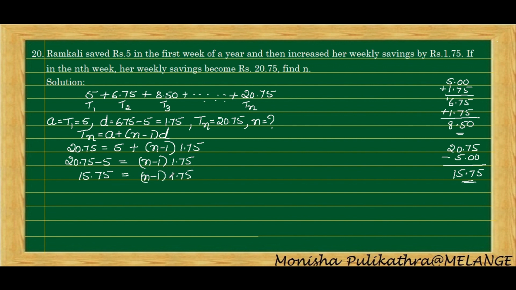In the next step, this multiplication by 1.75 gets into division form. So 15.75 divided by 1.75. A lot of students will be having confusion when the decimal points come. Okay, so no need to worry, I will tell you how to solve when there are decimal points.